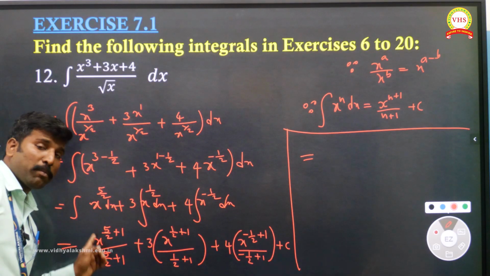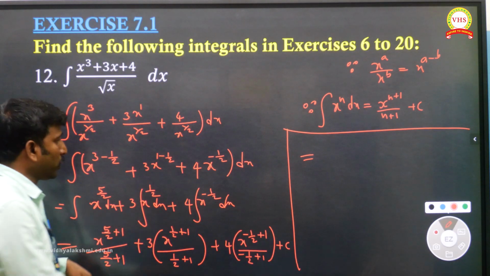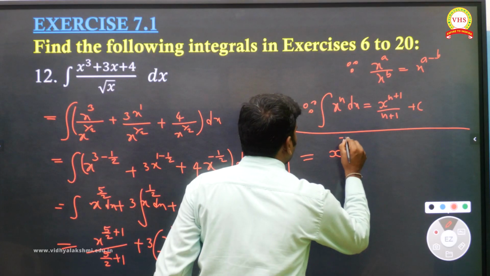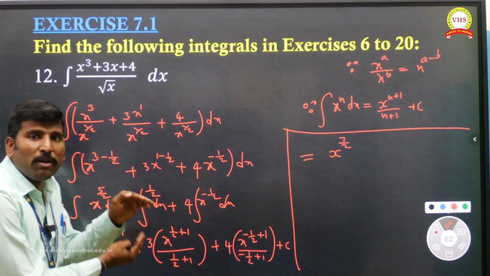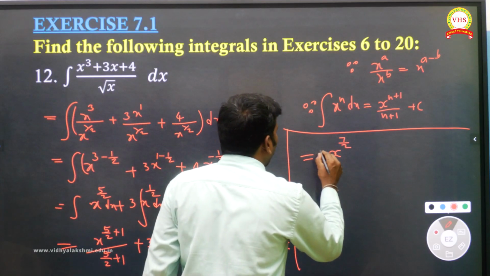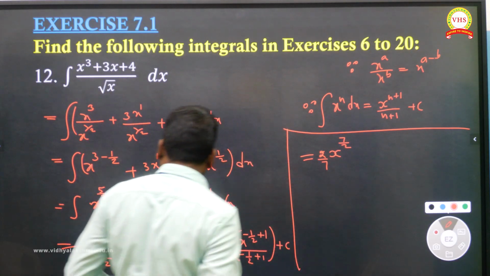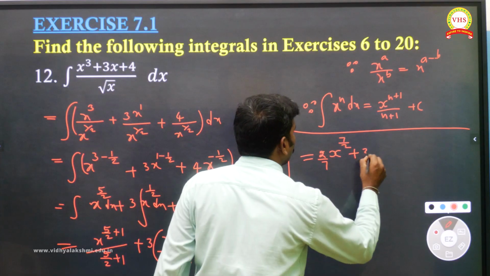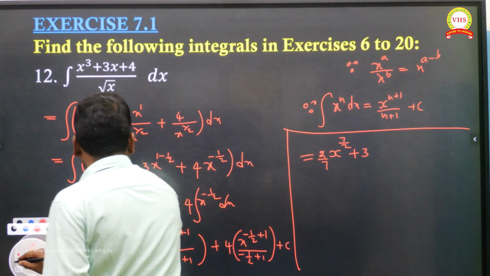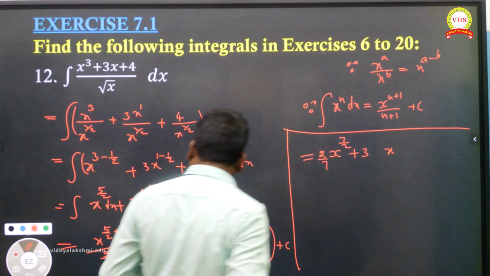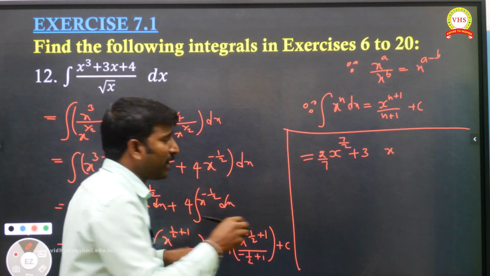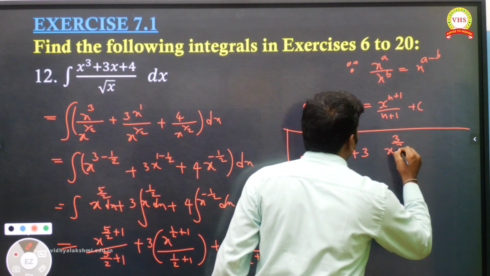So when you simplify, you will get what is required. 5 by 2 plus 1, what will you get? 7 by 2. So x power 7 by 2, and the denominator is 7 by 2. When you bring it to the numerator, it will be the reciprocal: 7 by 2 will become 2 by 7. Understand? Already we have here plus 3, let it be. And x power 1 by 2 plus 1 gives 3 by 2.